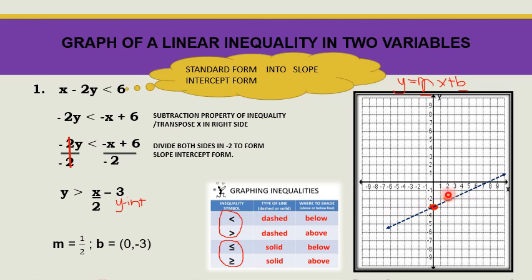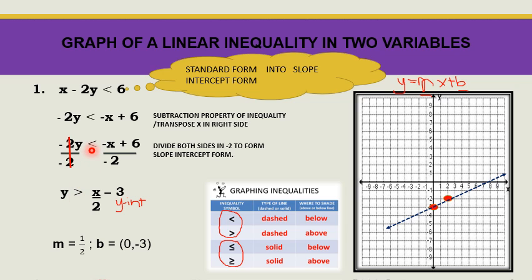Okay, now the problem is how to shade to find the solutions of this linear inequality in two variables. So this is the symbol, the greater than. Take note, it interchanges the symbol.